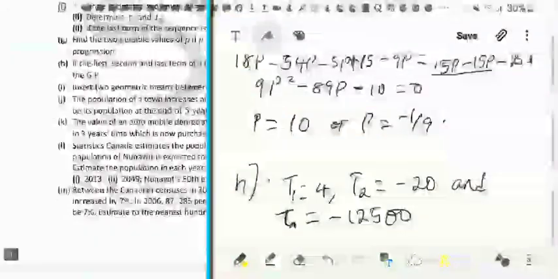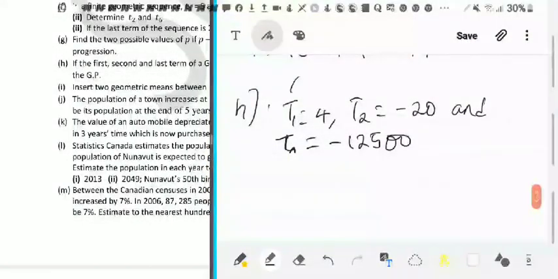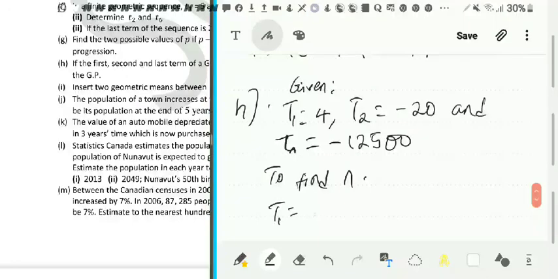Find the number of terms in the GP. So we want to find n. We are given this. To find n, I think by now we should have gotten used to all this already. Okay, so T1 equals A, and that's equal to 4.